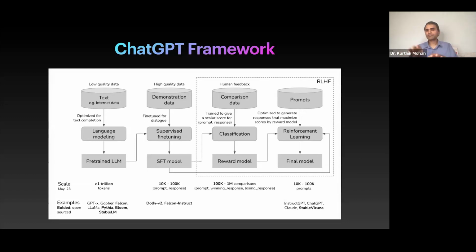If you have a question and two answers that are close to each other, is this one better or this one better? You're training the model to discriminate and pick the better one, even though you have two good options. You're fine-tuning it to be more precise, and that's reinforcement learning with human feedback. These three components put together result in ChatGPT, or open models like Llama or DBRX and others.